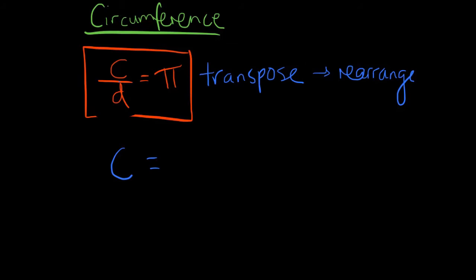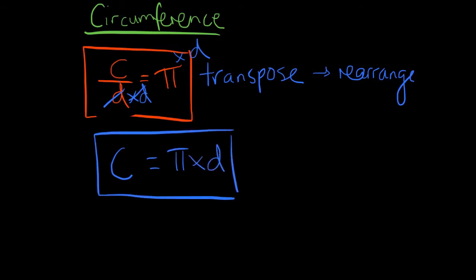So over here, to get rid of this D and take it over this side of the formula, we simply multiply by D. So this is now C divided by D. If I multiply this side by D, multiply that by D, these would cancel. So I'll end up with C equals pi times D, which now is the formula for my circumference.